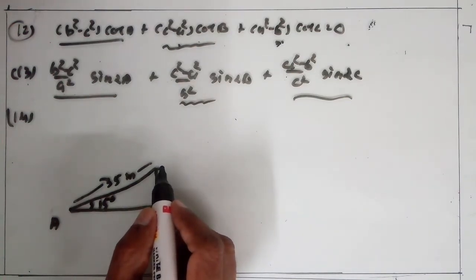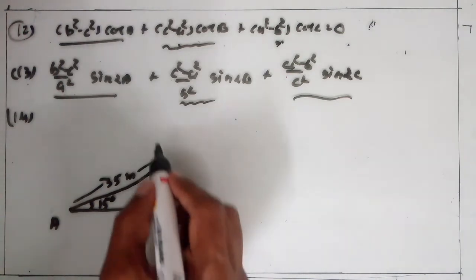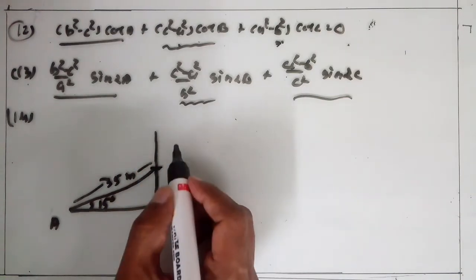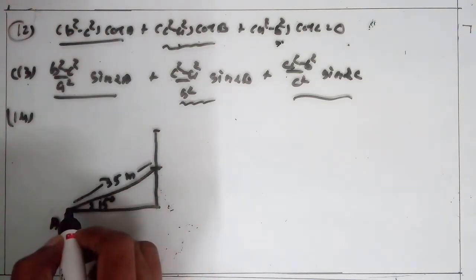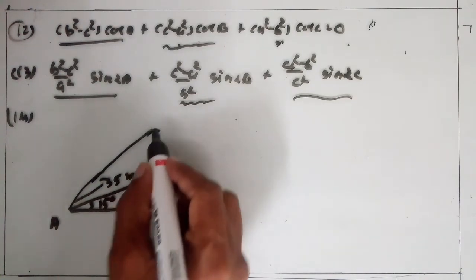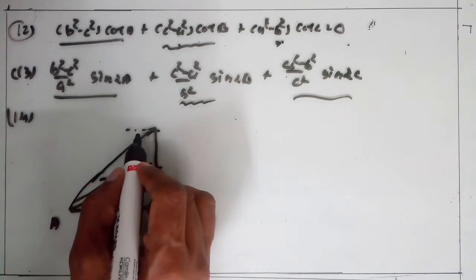35 meters down the hill from the base of the tree, and the angle of elevation of the top of the tree, yeah, this is the tree, angle of elevation of the top of the tree, this angle is 60 degrees.